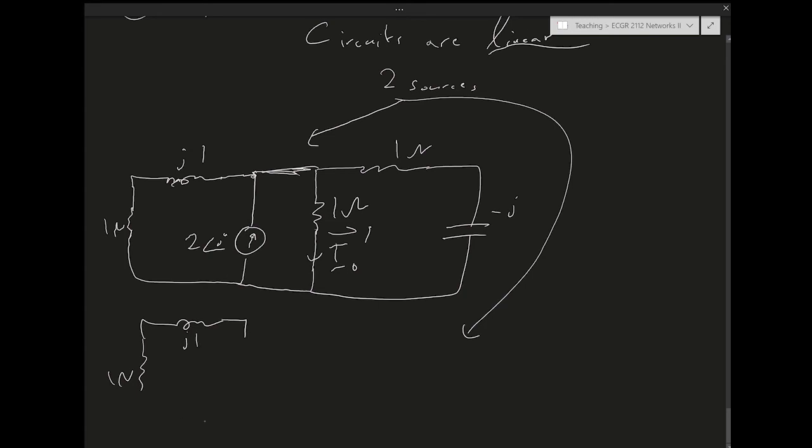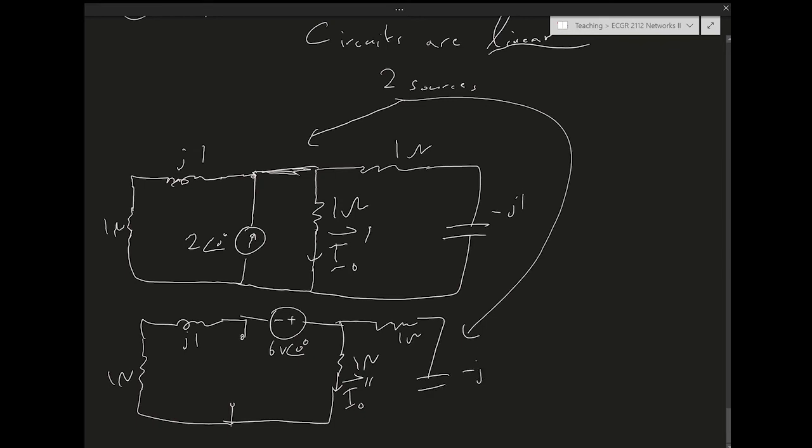But then I put in the voltage source now, 6 volts, 0. And then I find the response that I'm calculating, I0 double prime. This is the response due to just the voltage source on its own.